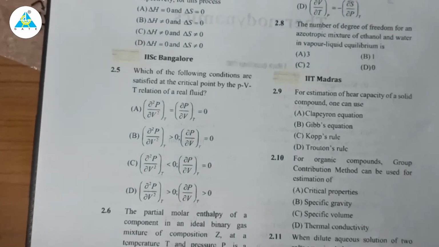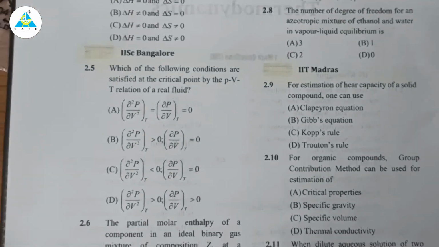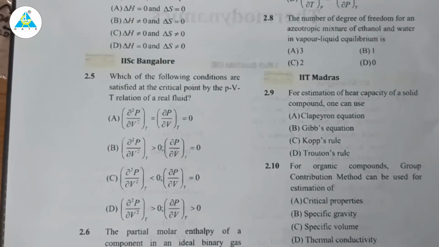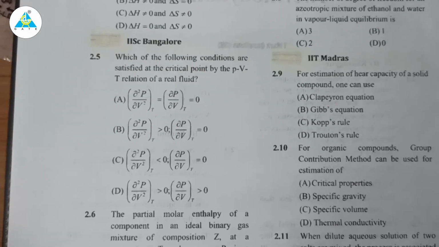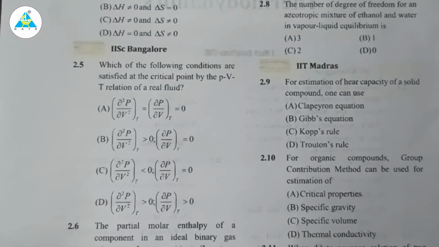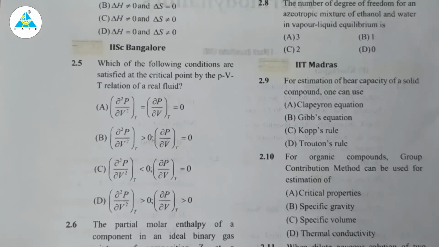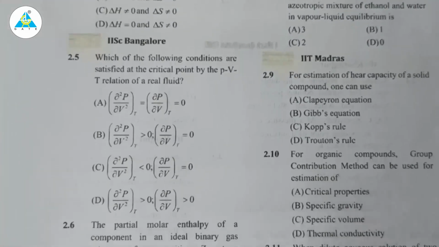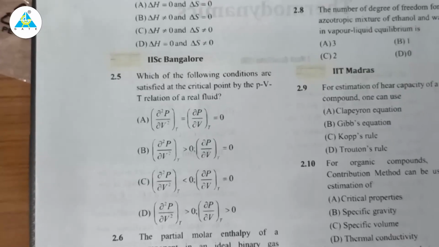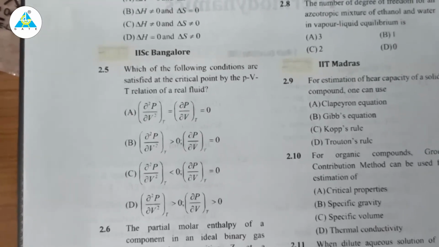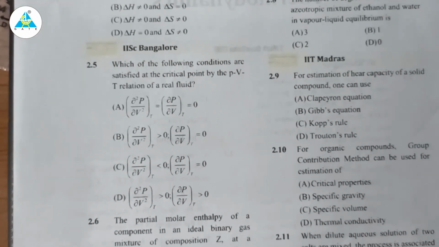Now this is the third and last question from the same topic. This is GATE 2002, IISc Bangalore: which of the following conditions are satisfied at the critical point by the PVT relation of a real fluid?